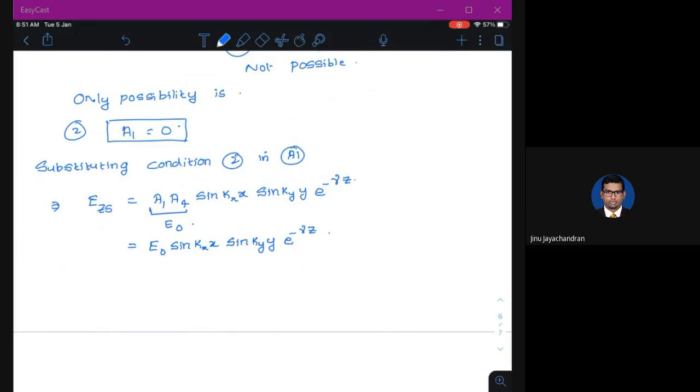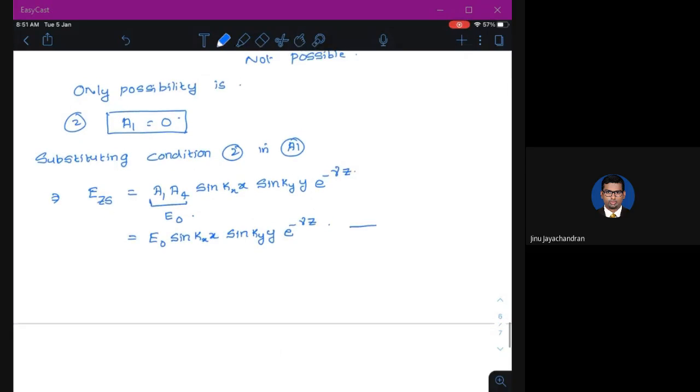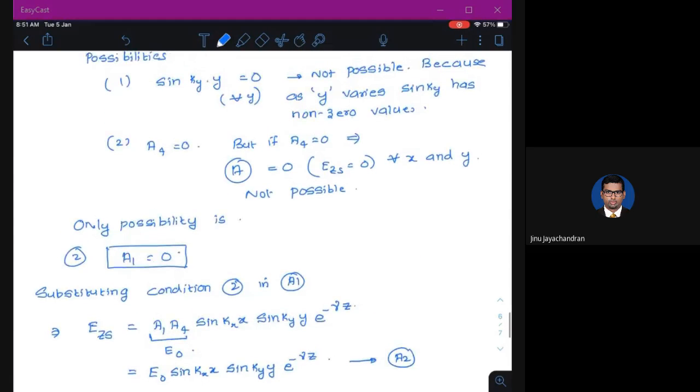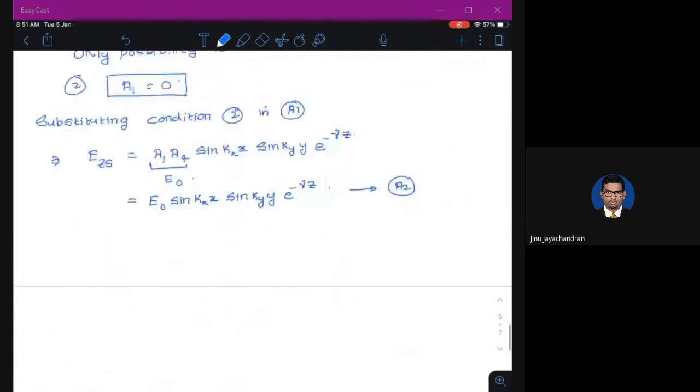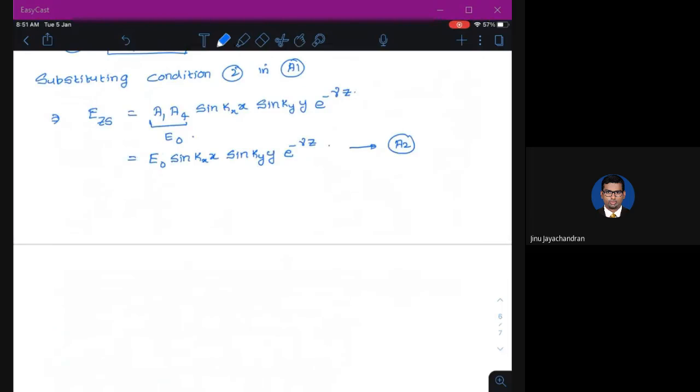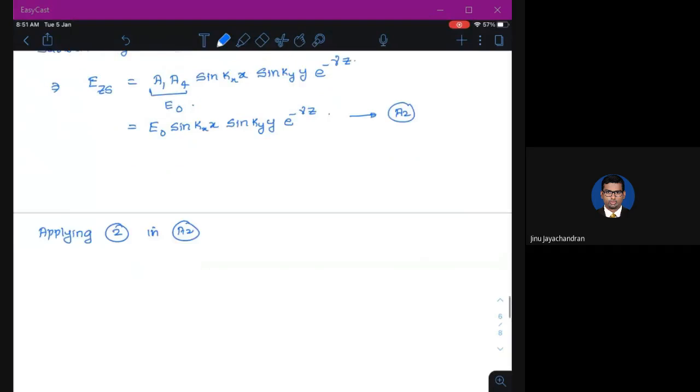Now, let us apply the next few conditions. So let me number this as A2. Applying condition number 2 in A2, which means EZS is equal to 0 at y equal to b.